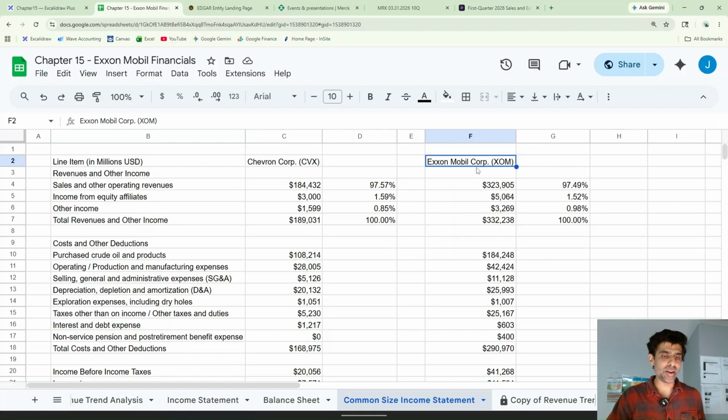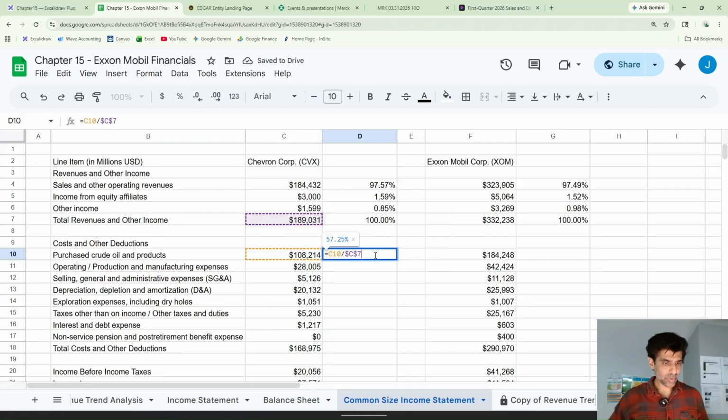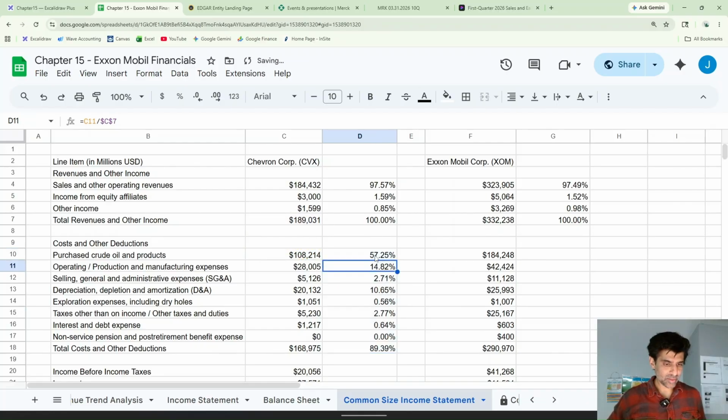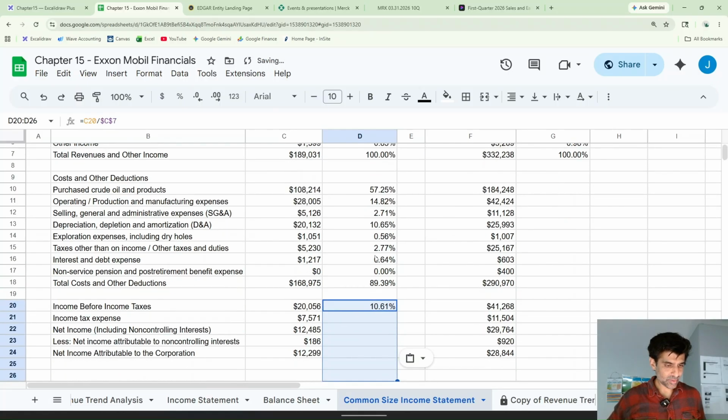You can see I have Chevron and Exxon together. Now this is maybe going to be even more informative. Instead of comparing Exxon to itself, I'm going to do a vertical analysis on each of these competitors.